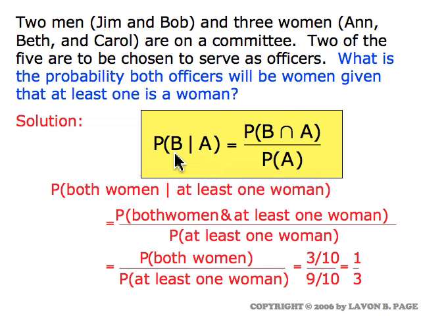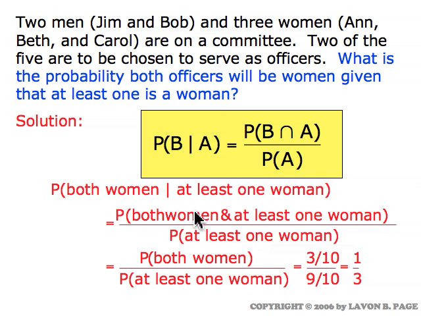So the probability of B happening if we know that A happens is saying, what's the probability both are women if we know that at least one is a woman? And the definition of conditional probability says that this is equal to the probability both things happen, which is that both are women and at least one is a woman, divided by probability of A, which is the probability at least one is a woman.